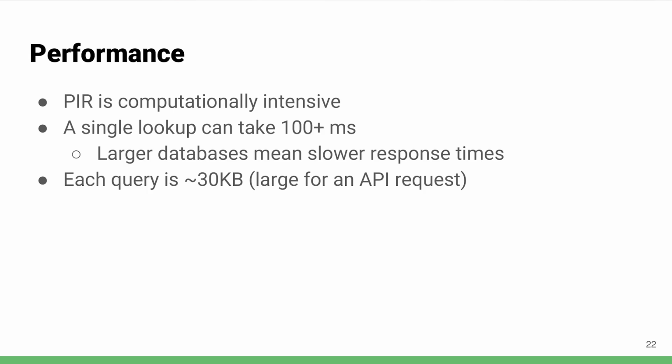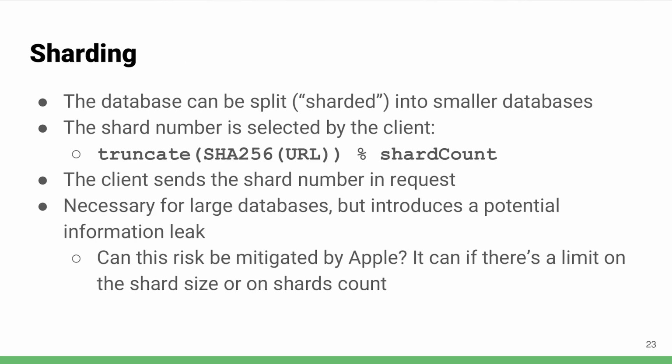To solve this problem, Apple's PIR allows sharding, splitting the main database into smaller parts. The server defines several shards, and when checking a URL, the client computes its shard number using a special function, the sharding function. And it includes the shard number in the request.